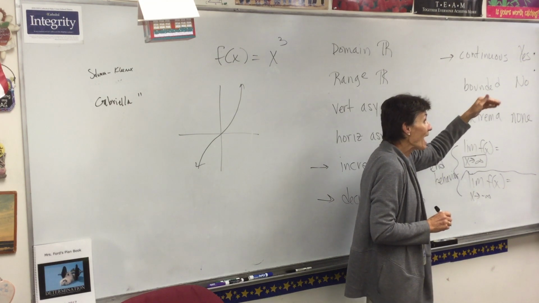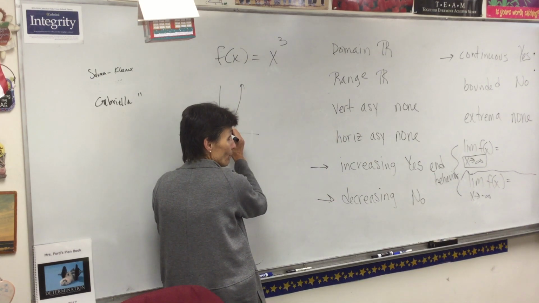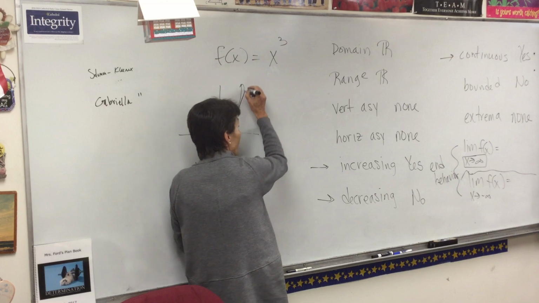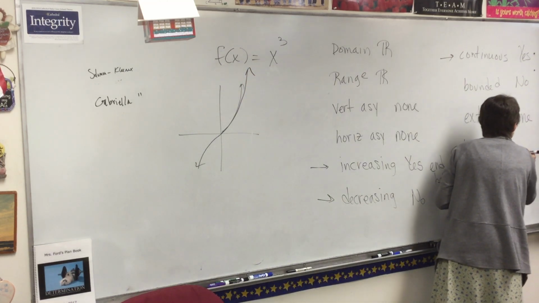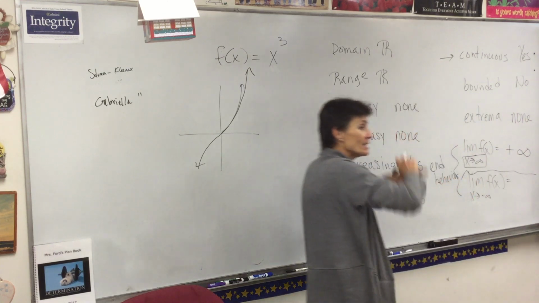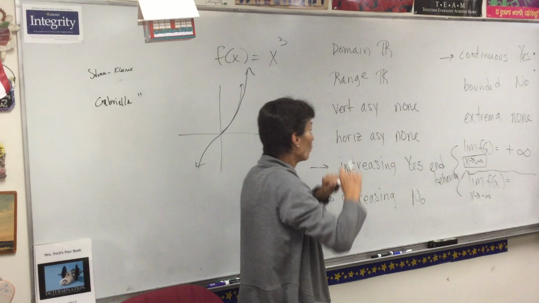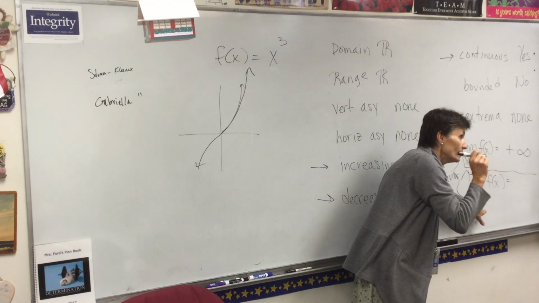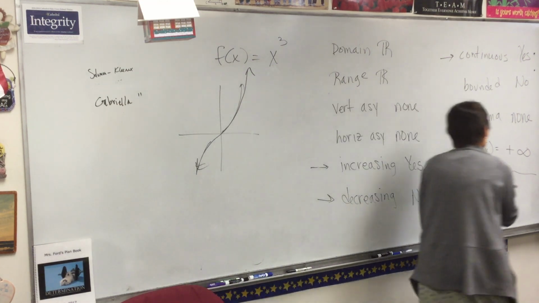So you are being asked, what happens to my curve as I go to the right? So as I move to the right, what does my curve do? Up. Increasing. Positive infinity. It shoots off into space. Now, what does it do as we move to the left? It goes down to negative infinity.